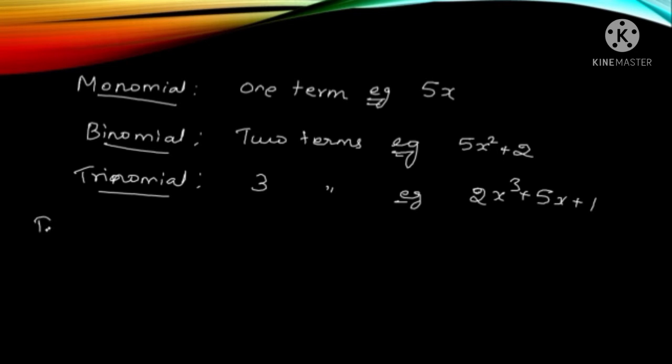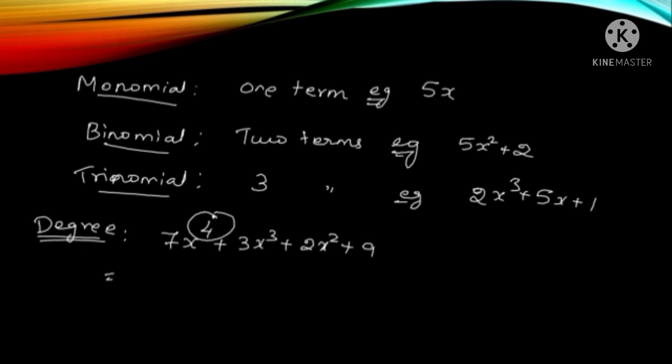Next we discuss the degree of a polynomial. If you consider 7x^4 plus 3x^3 plus 2x^2 plus 9, which is the highest degree? The highest degree is 4.